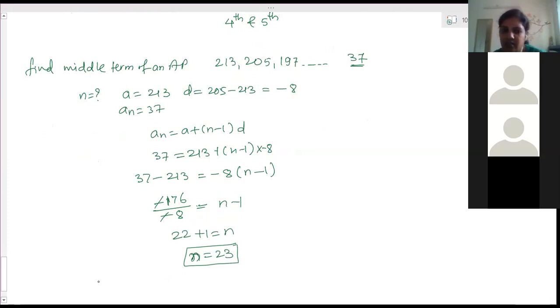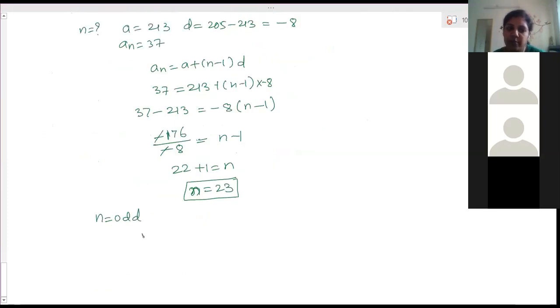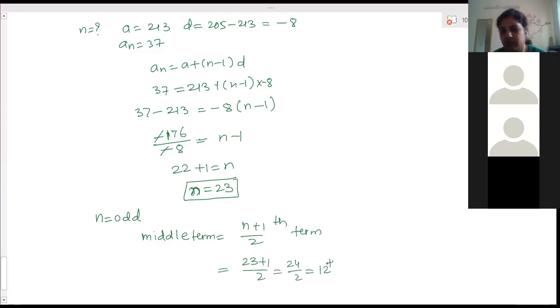So n is odd. What is the middle term now? The middle term is the (n plus 1) by 2th term, which is 23 plus 1 by 2, that is 24 by 2, which is the 12th term. So the 12th term will be the middlemost term.